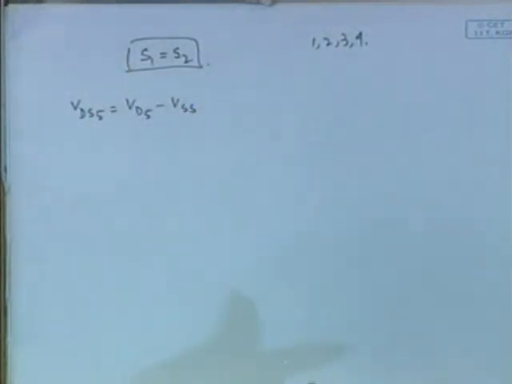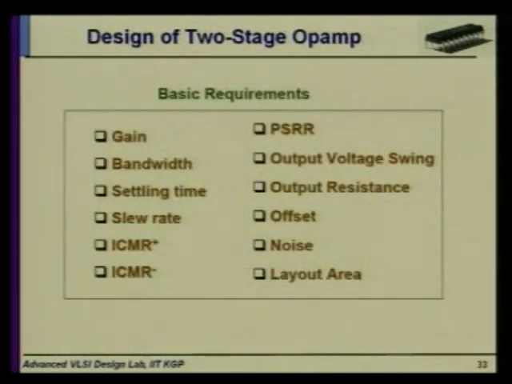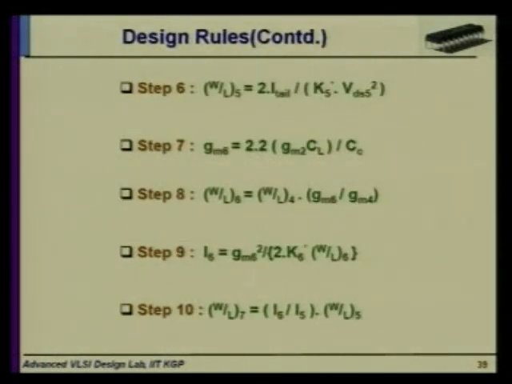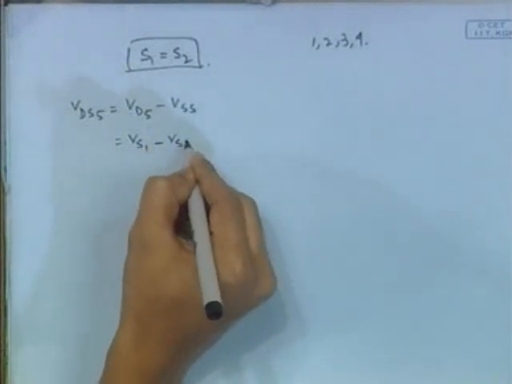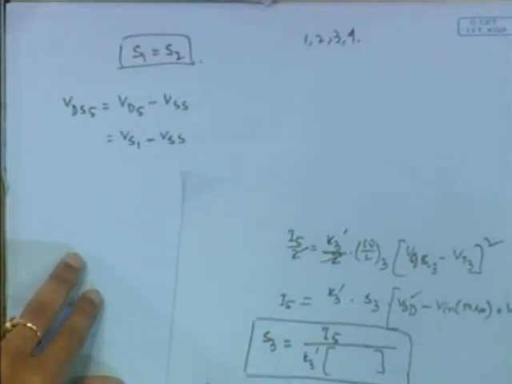The source voltage of the fifth transistor is basically VSS. You can see from here, the source voltage of the fifth transistor is VSS and the drain voltage is VD5. What is VD5? VD5 means basically VS1, the source voltage of the first transistor. And what is VS1? We can just put it from here.